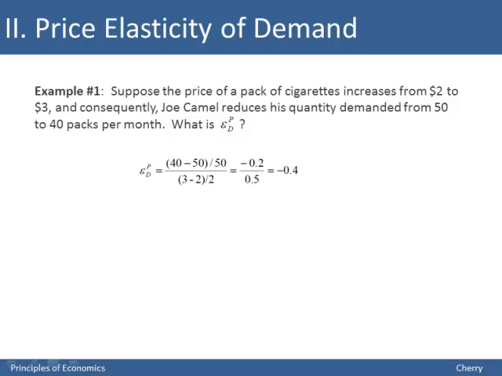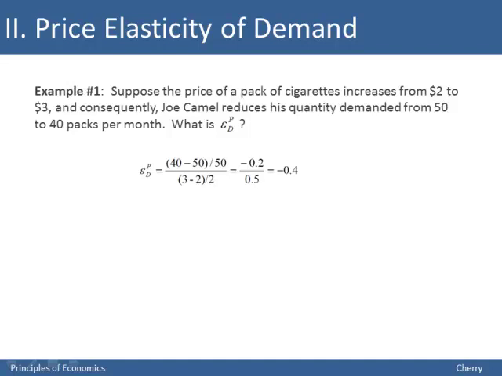And that follows the general formula on how to calculate a percentage change for anything. Right? It's the new number minus the old number over the old number. And so that same general formula applies to the percentage change in price: 3 minus 2 over 2. And if you calculate this out, you end up with negative 0.2 over 0.5, which gives you negative 0.4.